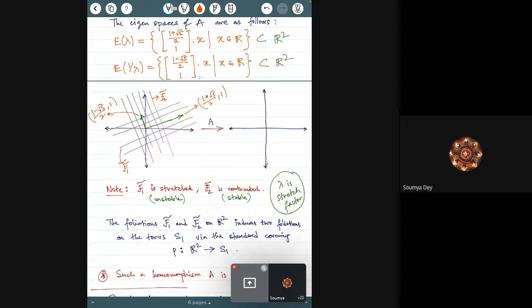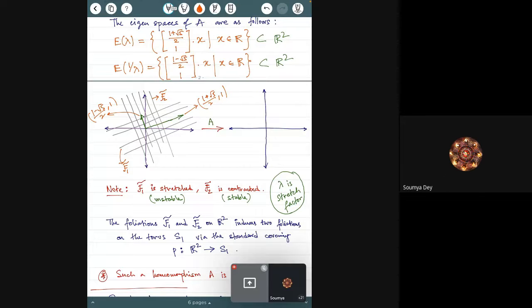Now if you calculate some of the distances here, you can see the image. I have drawn these parallel lines. We have two vectors here, these green vectors. Say you take the vector ((1 plus root 5) by 2, 1) and consider all parallel lines in R2 to this vector. This will give you a foliation of your plane.